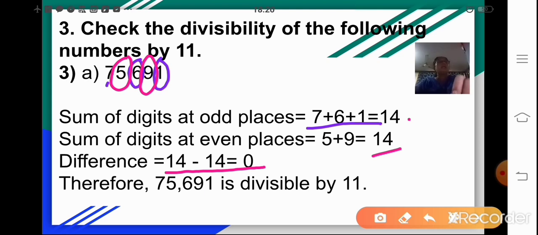The rule says that when you find the difference, if the number is 0 or if you get any number which is divisible by 11, that means that particular number is divisible by 11. Now after finding the difference, we are getting 0 here. So that means this number, that is 75,691, is also divisible by 11.